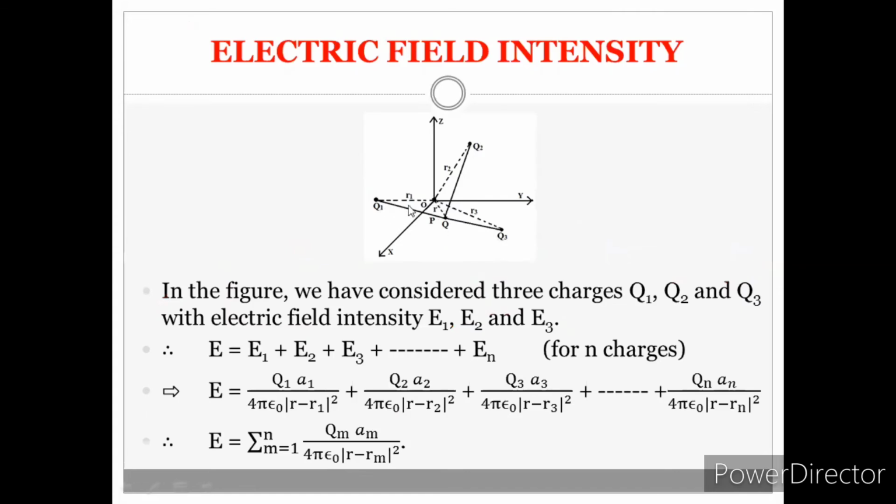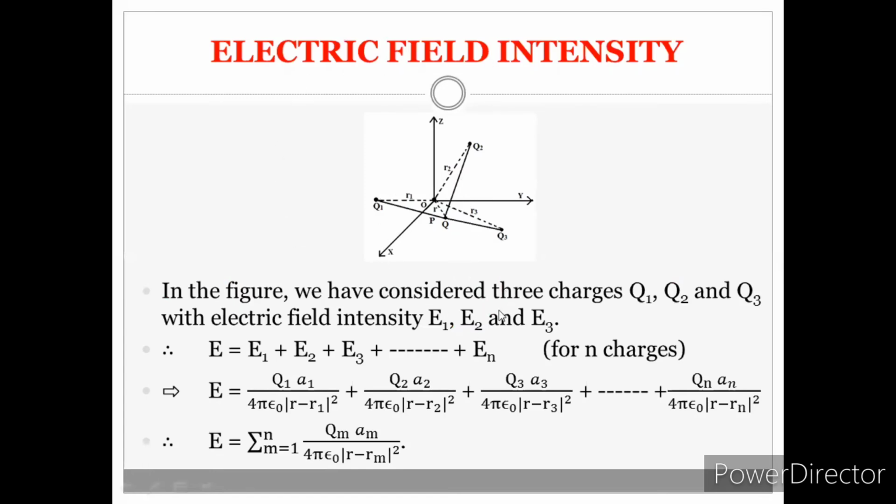Now we need to find the distance between Q1, Q2, Q3 and Q with reference to the origin. So what is the net force experienced by this particular charge Q due to Q1, Q2, and Q3? And this is what superposition is. As we know, superposition is the summation of all the forces experienced.